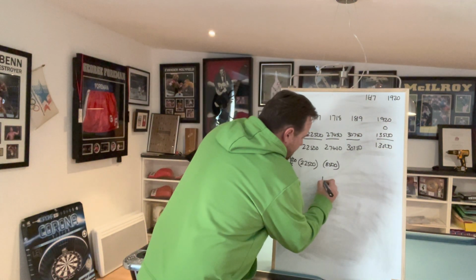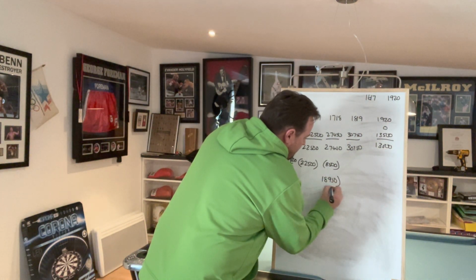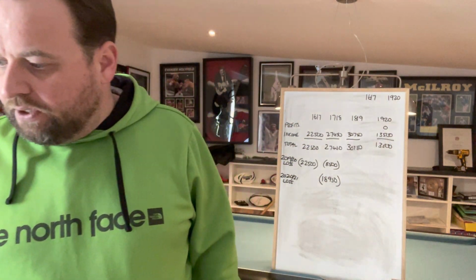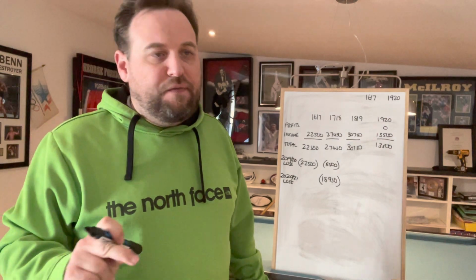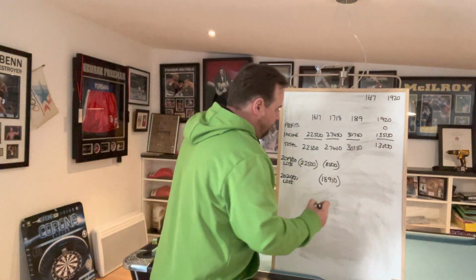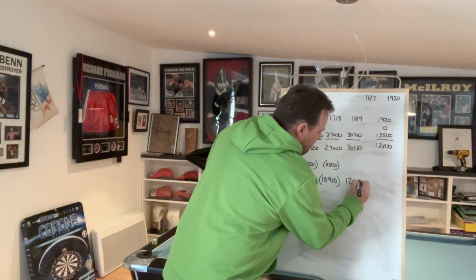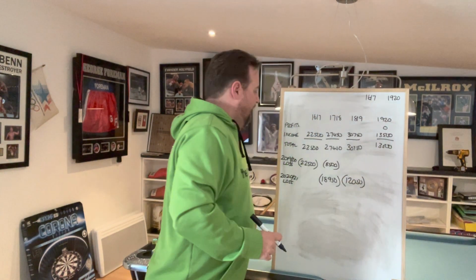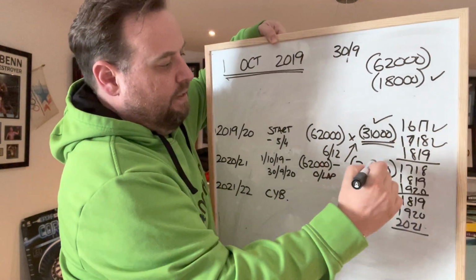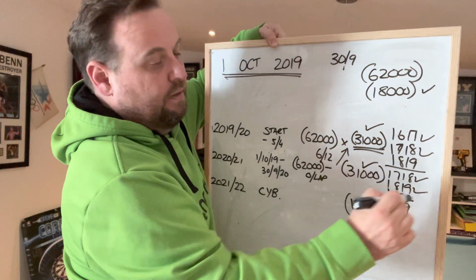So this can go here, and that leaves us with 12,050 that we haven't used. So it can go forward. And that is all of this done. So we've done all of this in here and here, and we've done all of this in here and here.